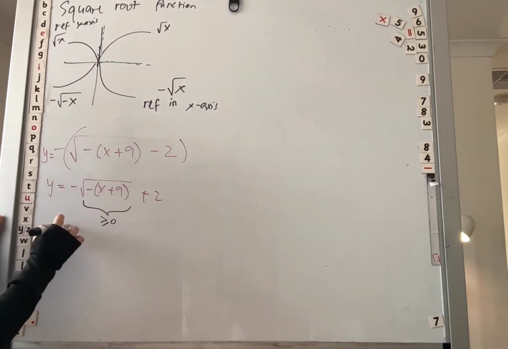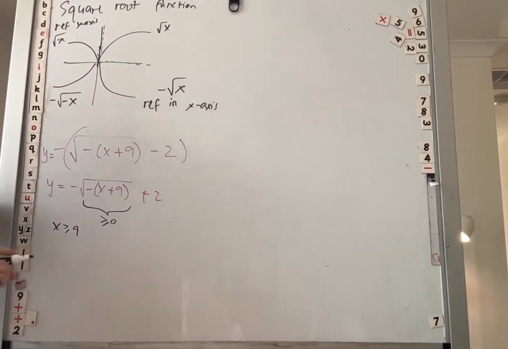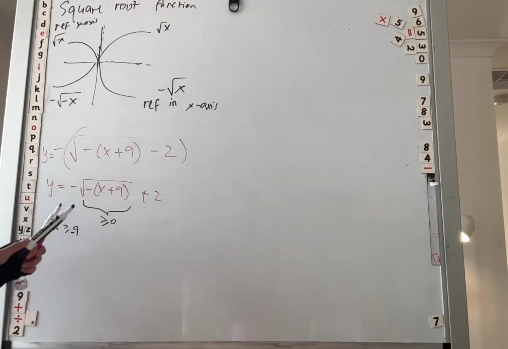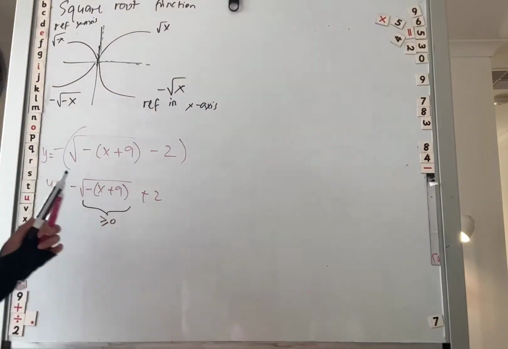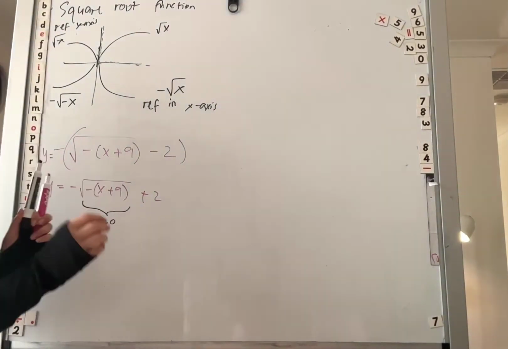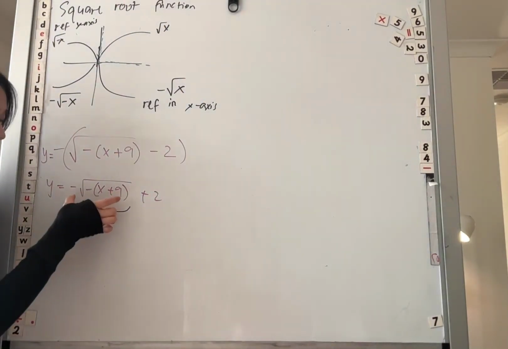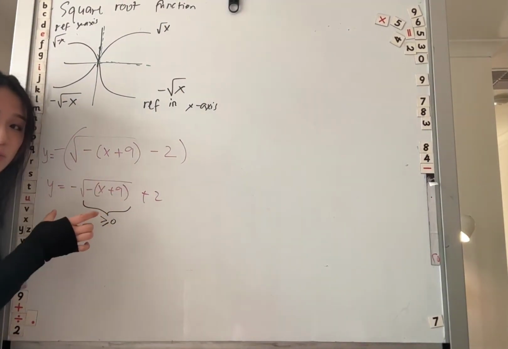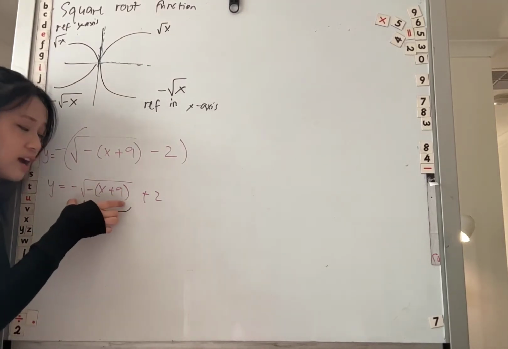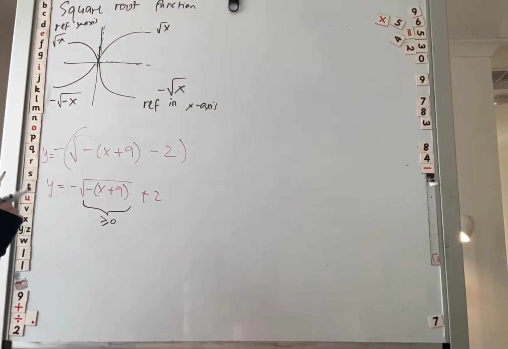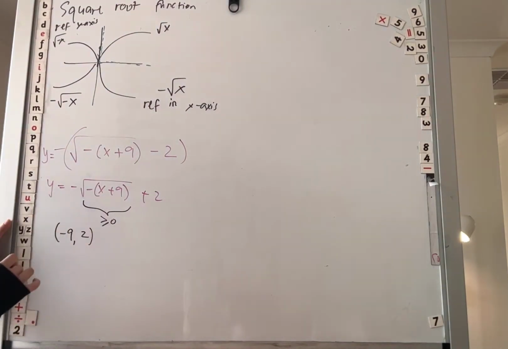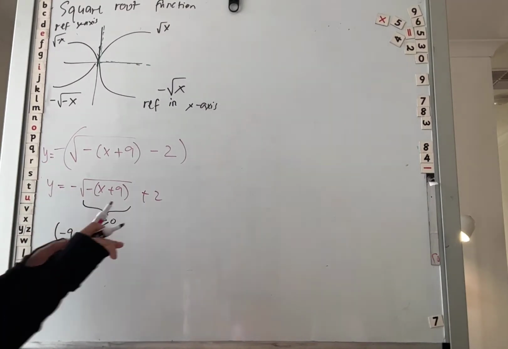So x has to be greater than or equal to negative 9. And then you have your plus 2. Well, if I know that if you square root any number, it cannot be less than 0, then the biggest y value that we can have, or the smallest y value we can have, sorry, is if this entire expression is equal to 0. So my starting point is at negative 9, 2. Okay, that might be a bit confusing, but you'll see once we start sketching.